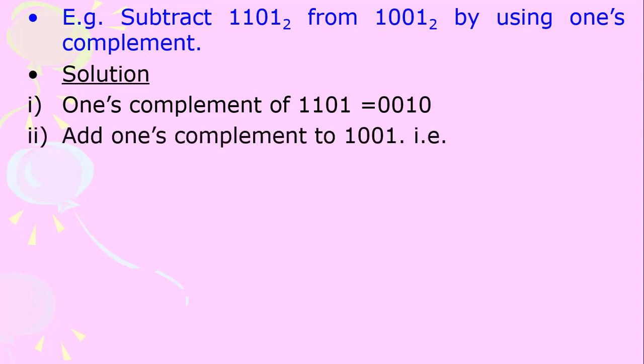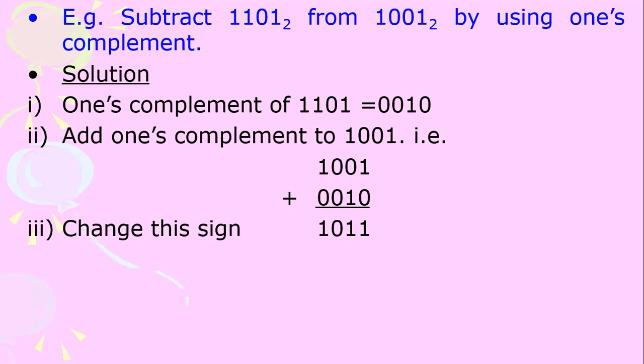Secondly, we now add the ones complement, that is the answer we have gotten, to 1001 as follows. So 1 plus 0 gives us 1. 0 plus 1 is 1.